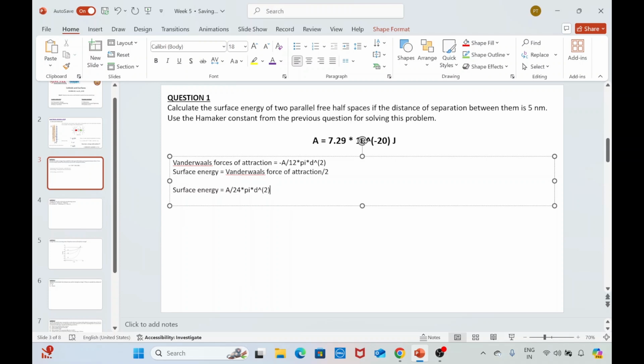So again, I have given the formula, so it's about just substitution. Please substitute and let me know what is the answer for this question.